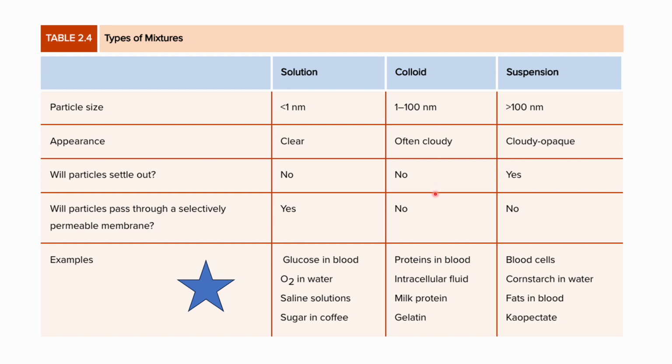They do not settle, and they do not pass through a selectively permeable membrane, often because they are too large, at 1 to 100 nanometers in size. And then suspensions. Examples are red blood cells in our blood plasma. If you take someone's blood and let it sit, it will separate into different layers. Also cornstarch in water, fats in blood, and Kaopectate.